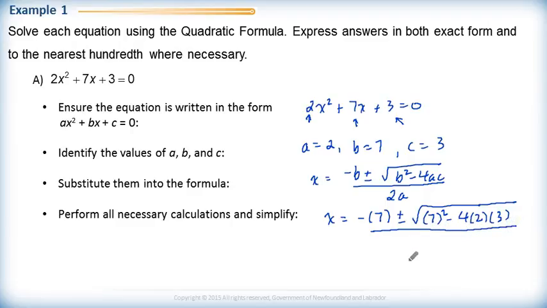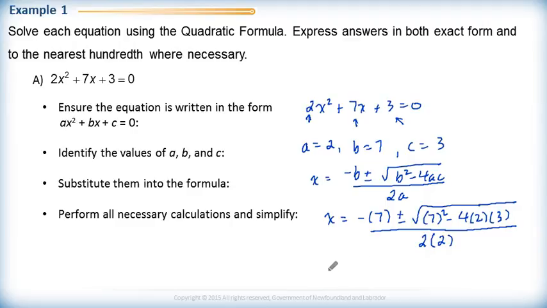And that fraction line should be over all of 2a. So we have 2 times 2. All right, so that fraction line extends under everything here. Don't make it short, folks. You will find it will lead to areas of confusion sometimes if you don't do that.